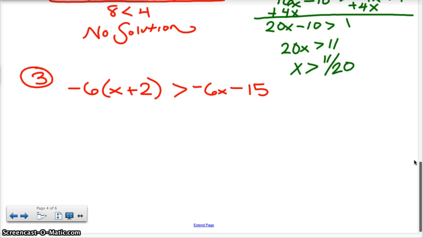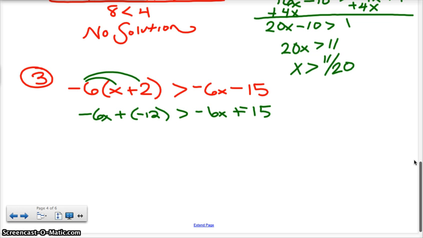Distribute our -6. -6 times x is -6x plus -6 times 2 is a -12 is bigger than -6x minus 15. I'm going to just go ahead and write plus a negative.